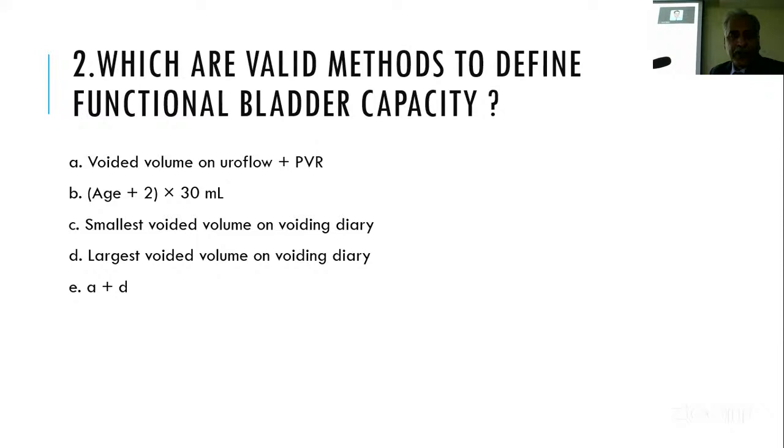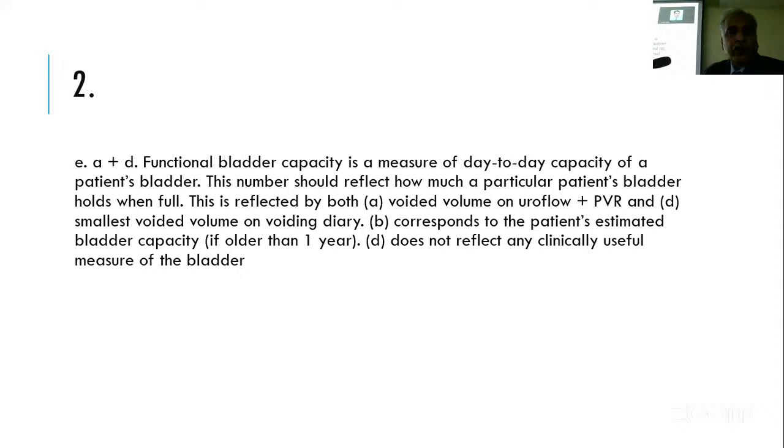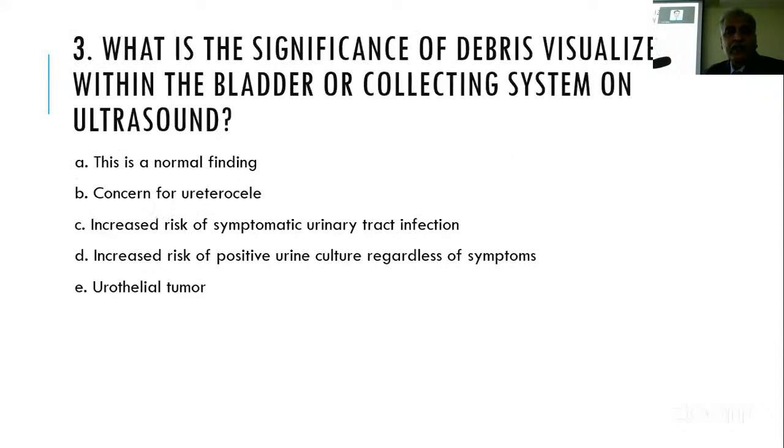That is okay. Functional bladder capacity is a measure of the day-to-day capacity of a patient's bladder. This number should reflect how much a particular patient's bladder holds when full. This is reflected by voided volume on uroflow plus PVR and the largest voided volume on voiding diary. The smallest voided volume corresponds to the patient's estimated bladder capacity and doesn't reflect any clinically useful measure of the bladder, right?